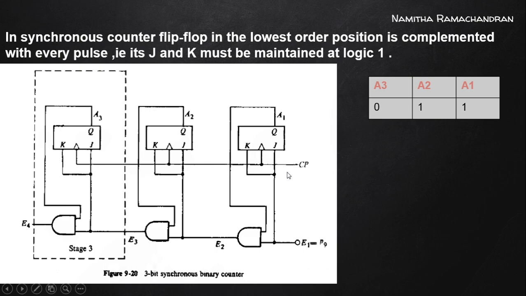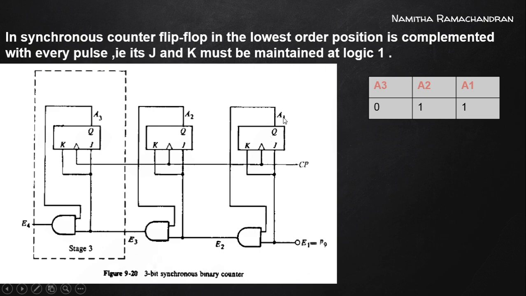So we must maintain the J and K inputs of our first state, the LSB state, as 1 always, because at every clock pulse this state gets complemented. The output of this particular LSB state always gets complemented. That means the toggle state. In order to get that, we need to set the J and K input values as 1, 1.